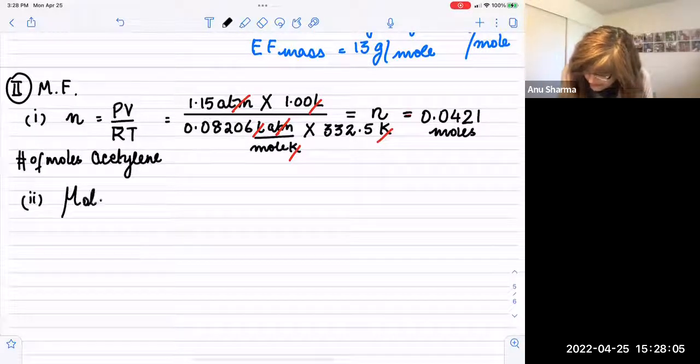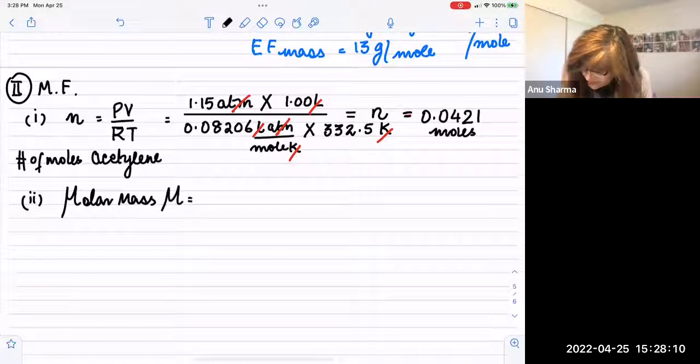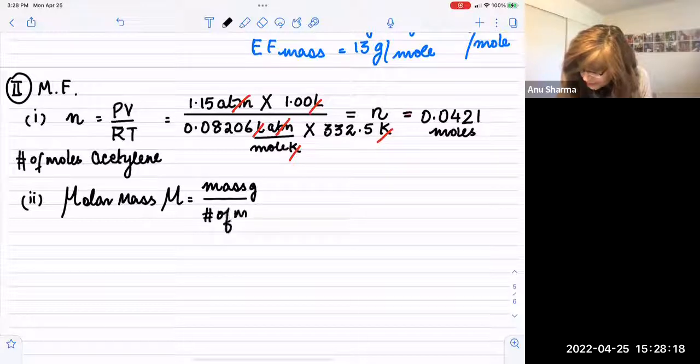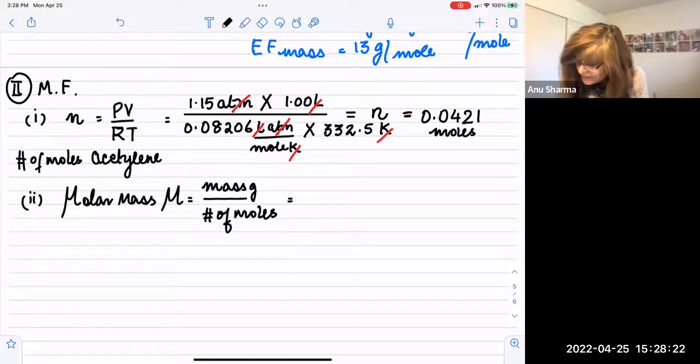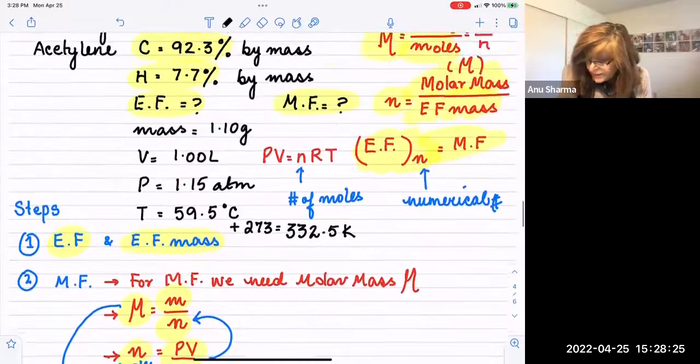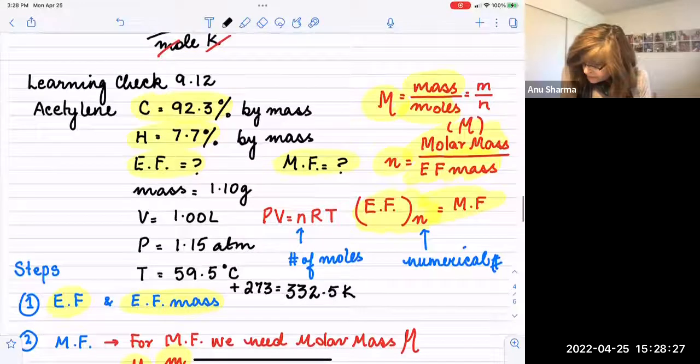Next step is you are going to find the molar mass. So molar mass, which is M, is equal to the mass in grams over the number of moles. Now, the mass in grams given to us is... where did it go?